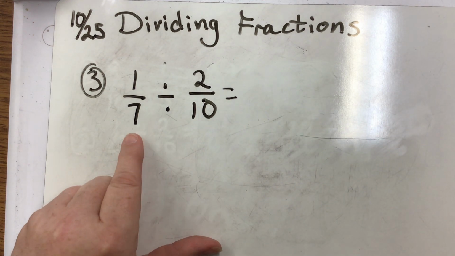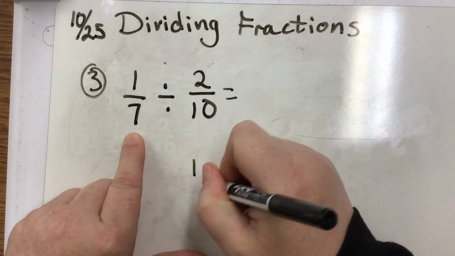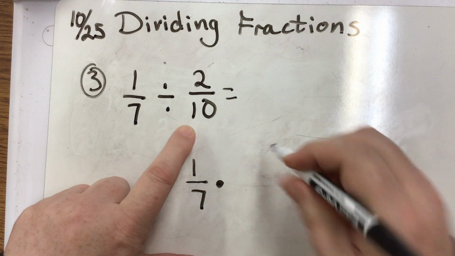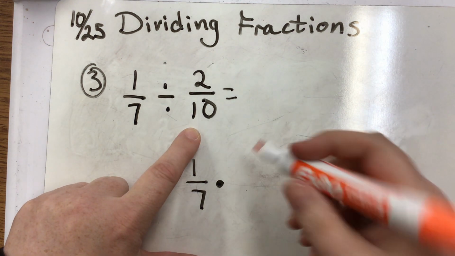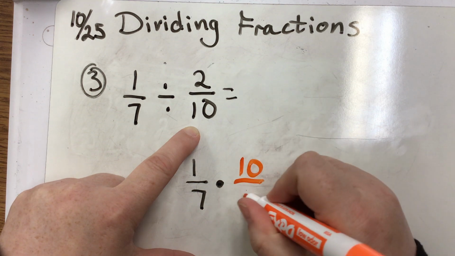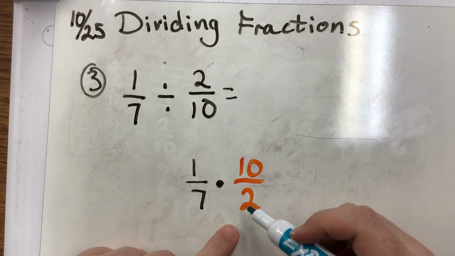First, we need to copy. Let's do it down here. Dot and flip. Not 2/10, but 10/2.